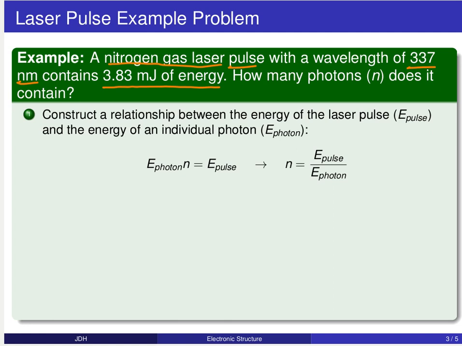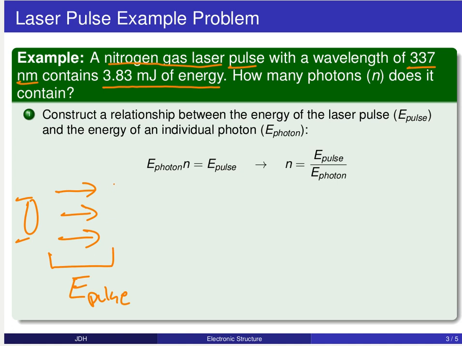A laser pulse is a bunch of photons coming out. So we've got our little laser shooting out photons, and we are told the energy of that entire pulse, not the energy of each individual photon.